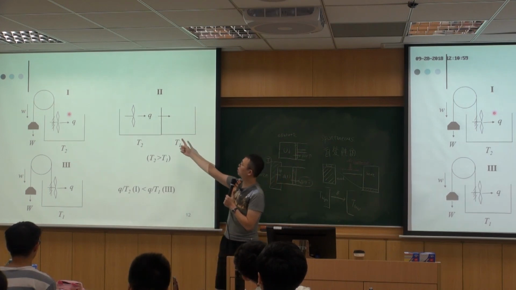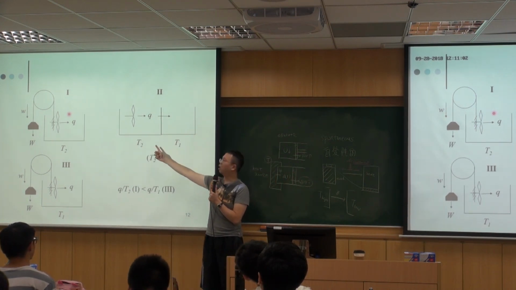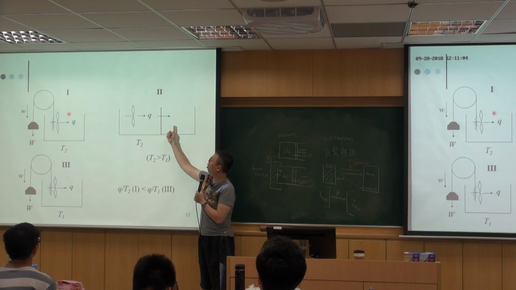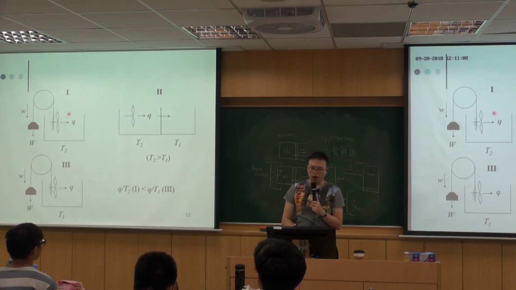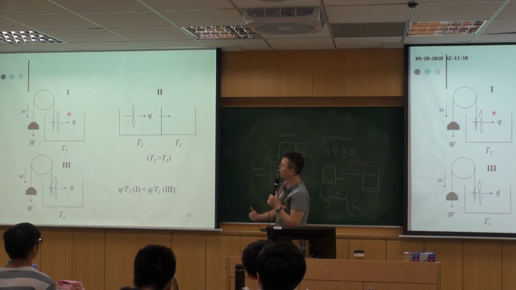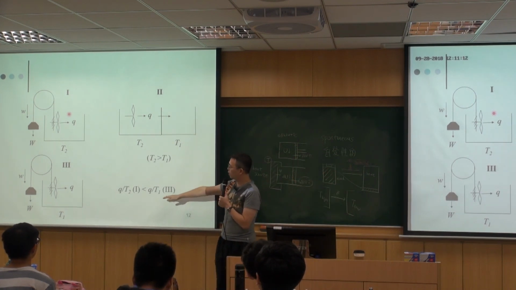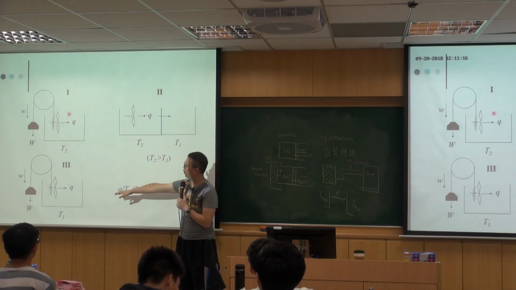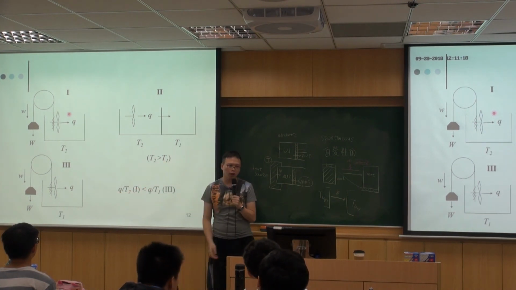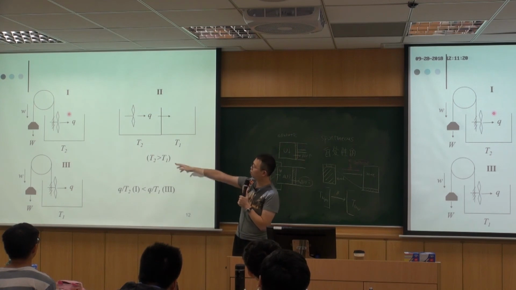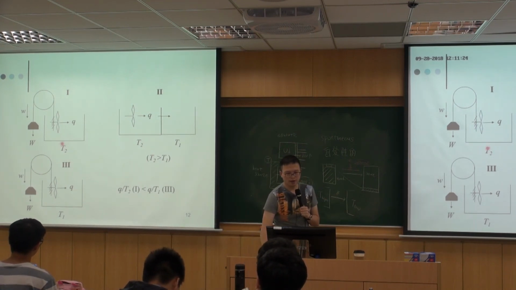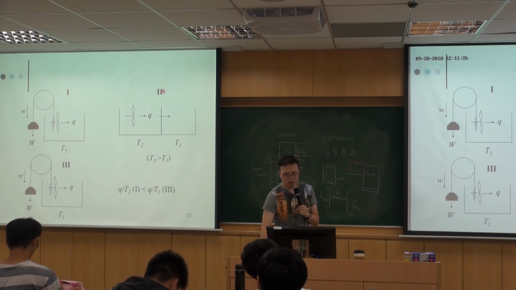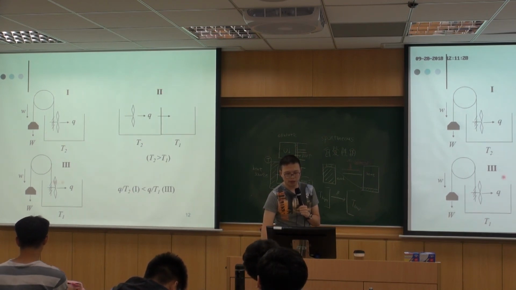And we know that this is a spontaneous process, right? The heat will flow from one temperature to the other. And overall, we know that the irreversibility is higher in process 3 compared to process 1, because the temperature over there is still higher, and we know that 1 plus 2 will be process 3.